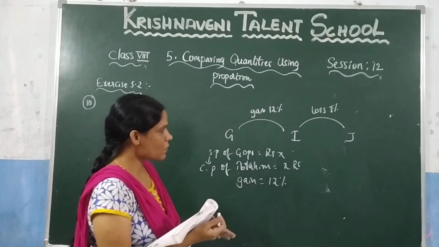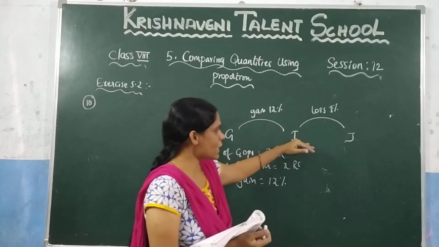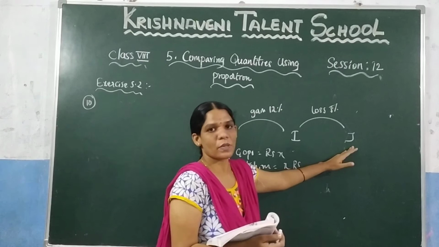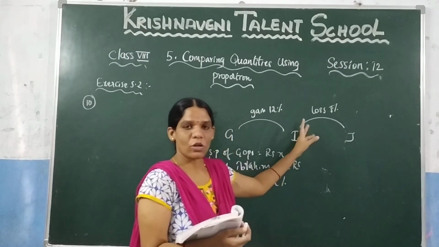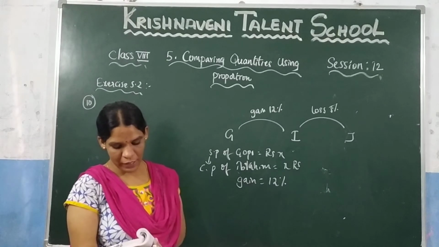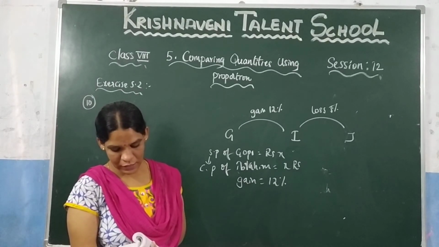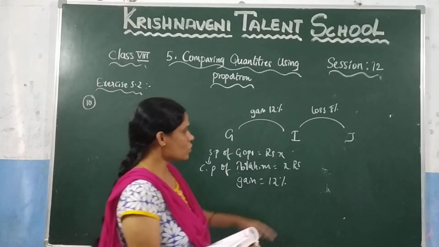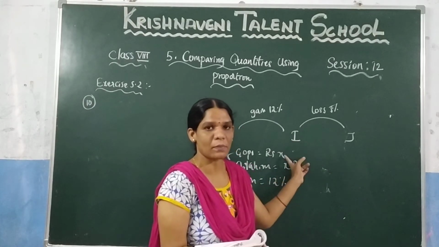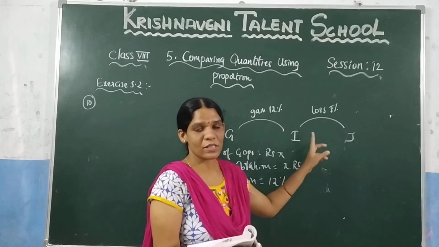So here, if you observe, it will become the selling price of Ibrahim, and the same thing will become the cost price of John. So at a loss of 5%. And after that, they have given that John paid 1,330. That means John is paying the selling price, right? How much is he paying to Ibrahim, which is nothing but 1,330.